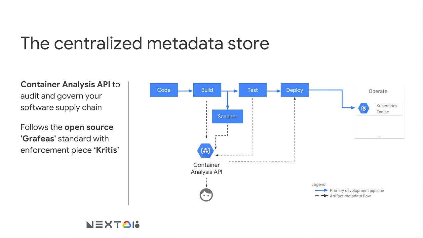Binary authorization also published a Kritis open source project, which is an open source implementation of deploy time enforcement with Kubernetes, very similar to binary authorization. Combined with Grafeas, you have the building blocks to implement a similar enforcement flow for your on-prem deployment, similar to what we have here for Kubernetes Engine.